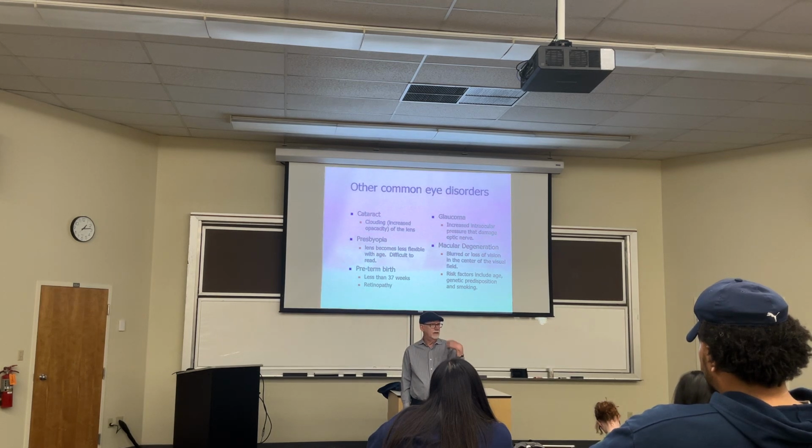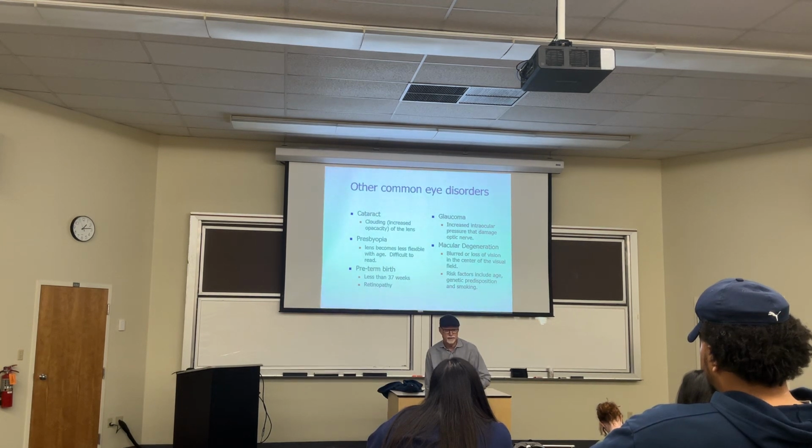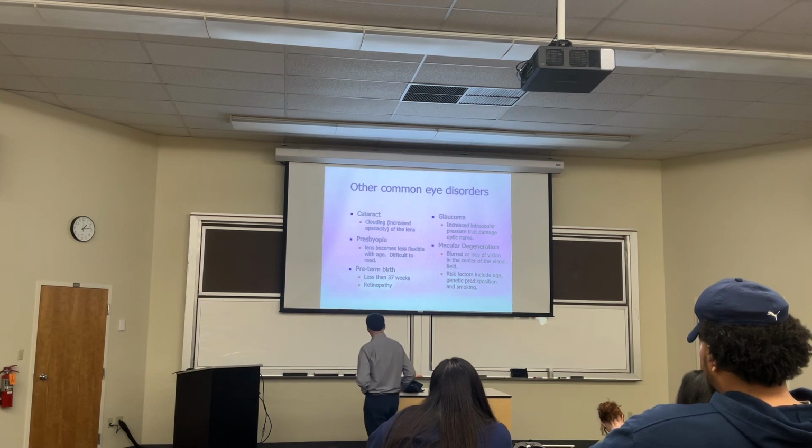The lens, like the cornea, needs to be transparent. It needs to allow the light through on its way to the retina. If as damage occurs over time it loses its transparency and becomes more opaque, you can't let the light come through. And so that is a cataract.